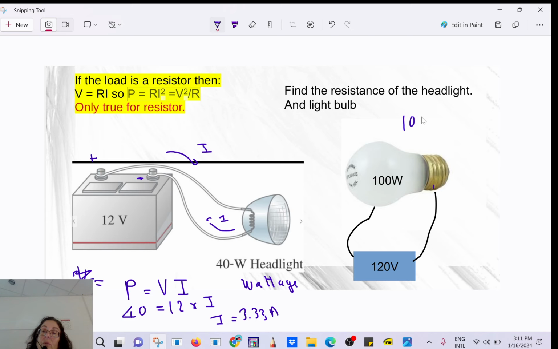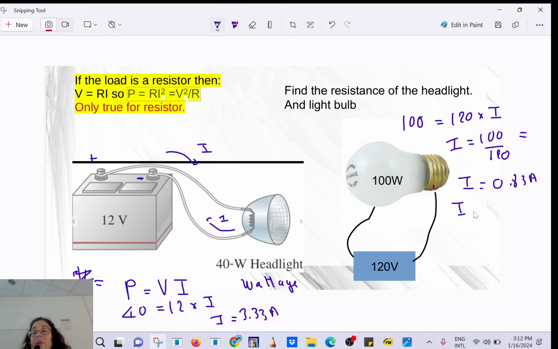So anyway, that will be 100 equals 120 times I. Right, 0.83 amps. So it's going to be multiplied by 1,000, about 830 milliamps.